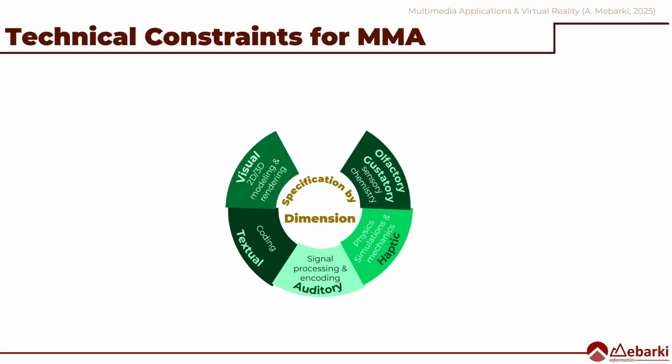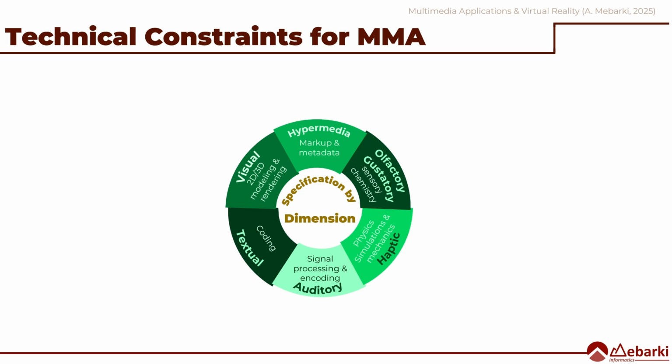Some applications even explore the olfactory and gustatory dimensions, working to reproduce smells and tastes through sensory chemistry, an area still in active development. And finally, the hypermedia dimension connects everything together, structuring relationships between content through markup languages like HTML or XML.